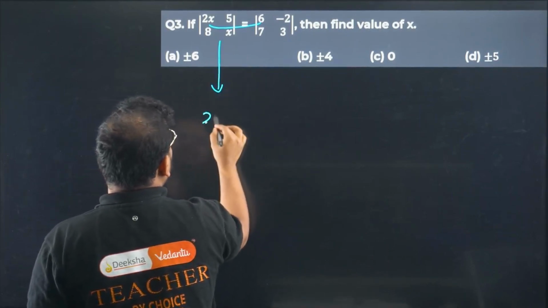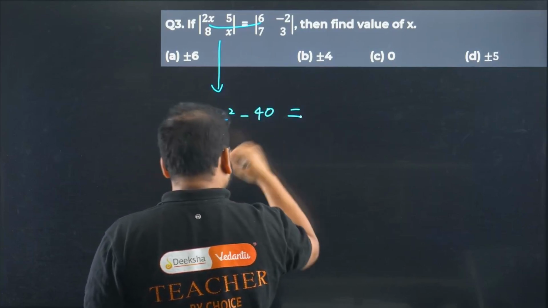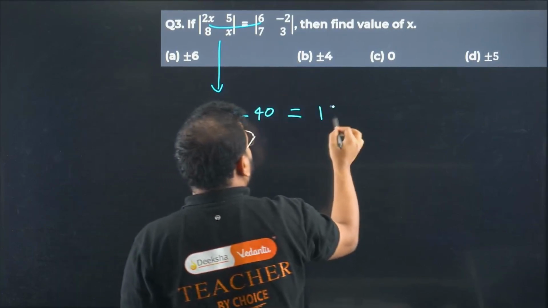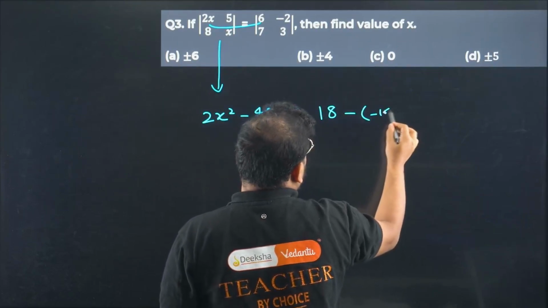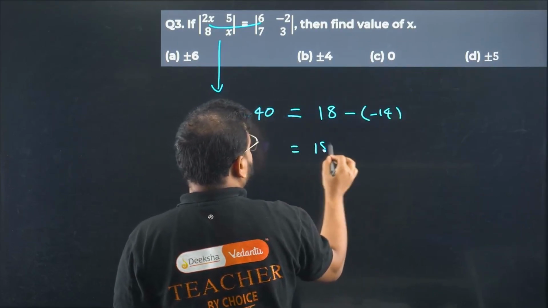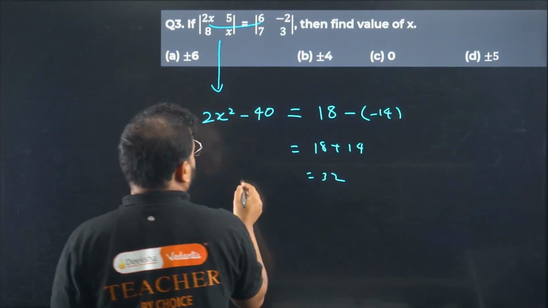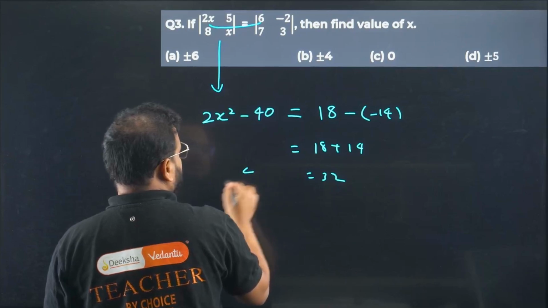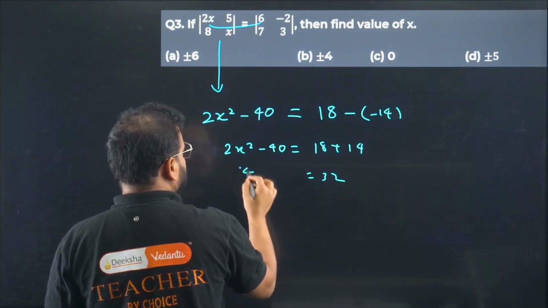Don't take it that lightly. 2x square minus 8 times 5, which is 40. This is equal to 6 into 3, which is 18, minus 7 into minus 2, which is plus 14. So we have 18 plus 14, which is 32, and minus 40 over here. 2x square minus 8 is 2x square.